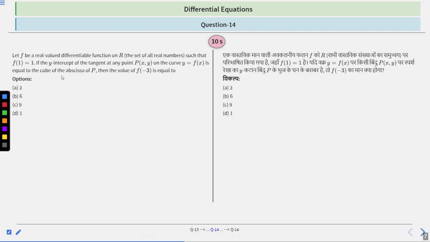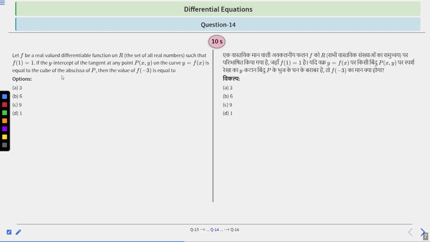Clear? You will equate that with x cube and try to adjust the differential equation and solve this. After that, you can get f(x) in terms of x. After that, you can easily find the value of f(-3) by putting x equal to minus 3. Got it? So in this way, you can try to approach this question.